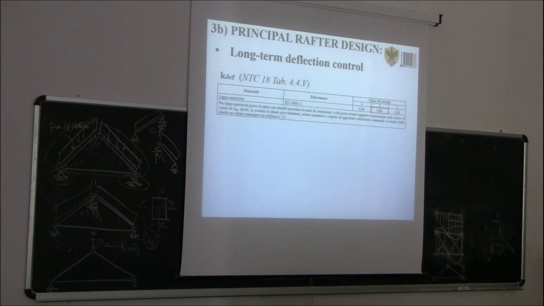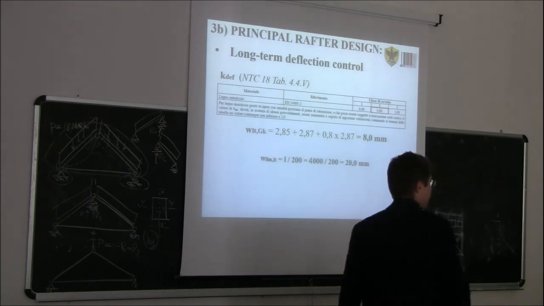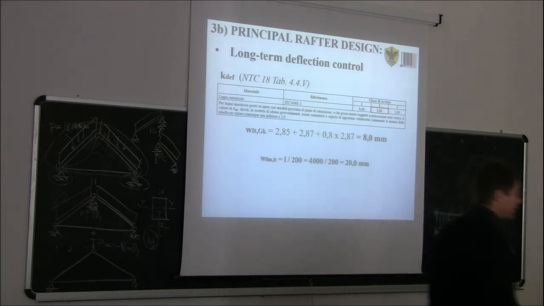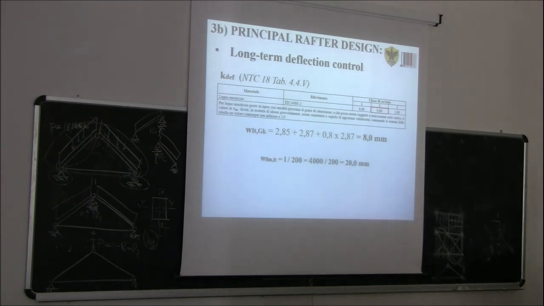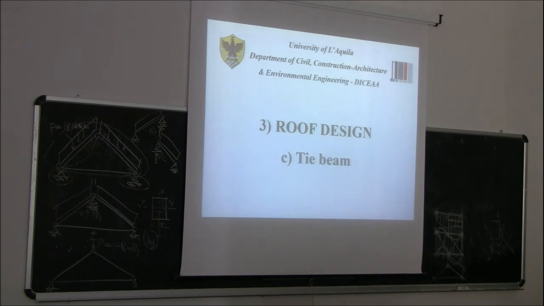Then the creep coefficient is 0.8, and so if we replace the value, we get altogether 8 millimeter of deflection in the long term. The limit is 20, so as you can see, we are far away from the limit also here. So the long-term deflection control is satisfied.